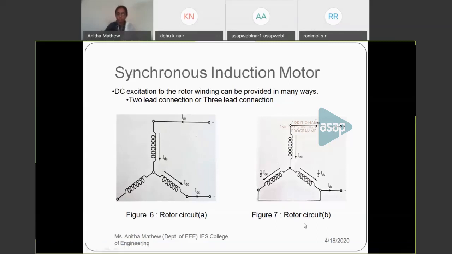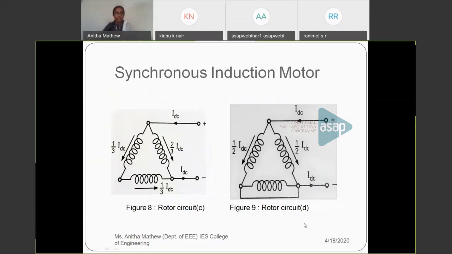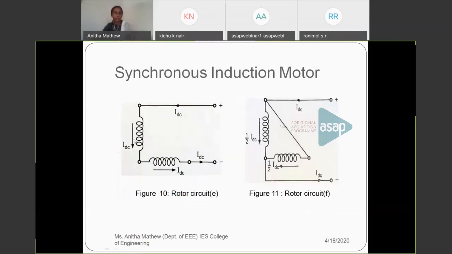Next is the winding connected in a delta connection. The two terminals are connected in the figure, that is rotor circuit D. You can see one of the terminals is short circuited. Two winding supply is also provided.